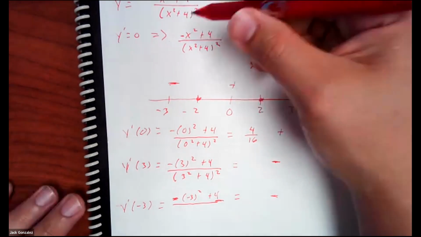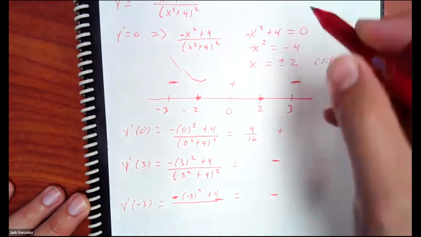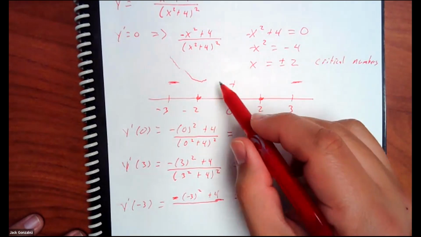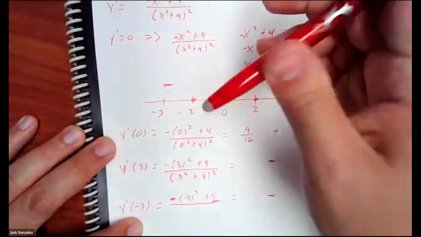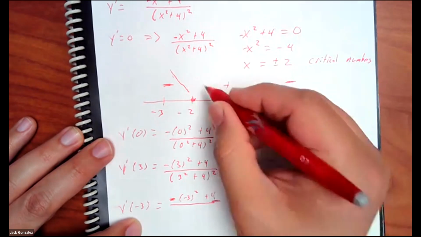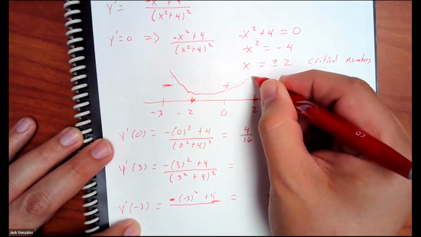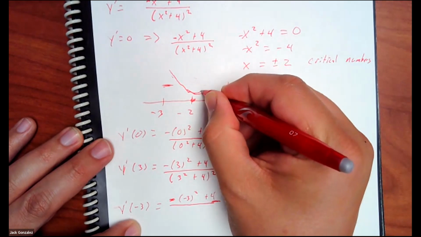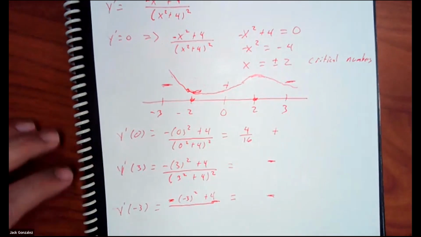So that means we are decreasing until we get here. And then we're increasing, right? Make it a little closer, I guess. And then we're increasing and then decreasing again. So it looks like we have a minimum over here, maximum over here. Okay.